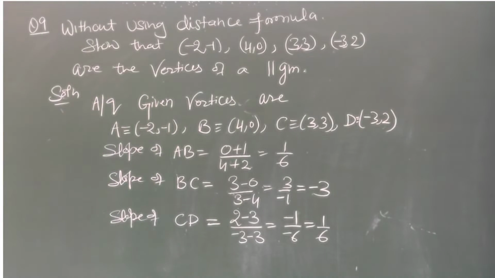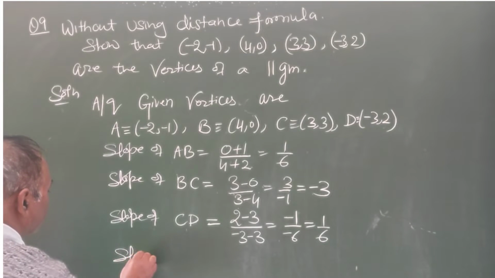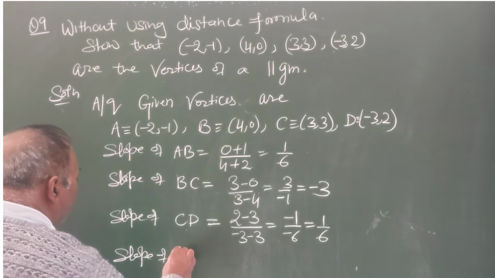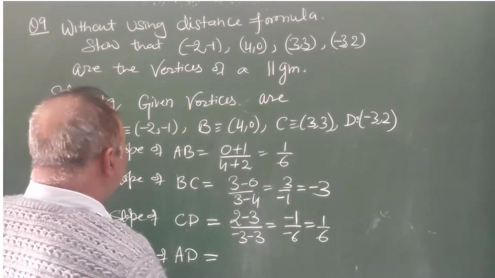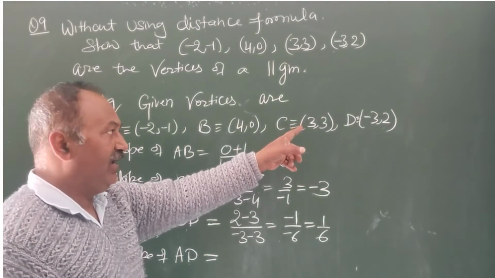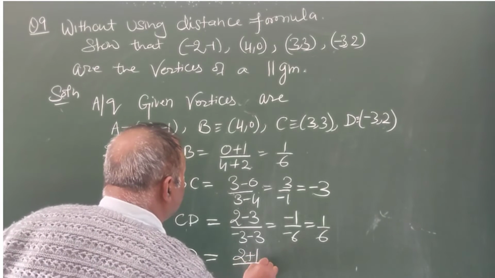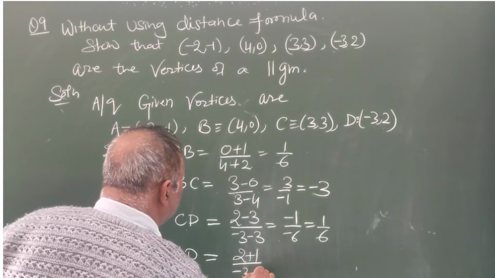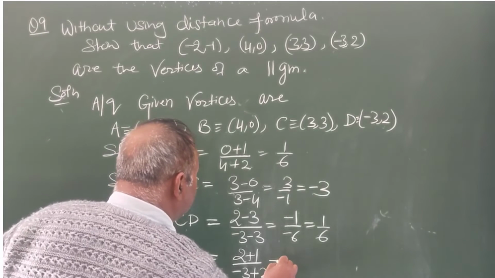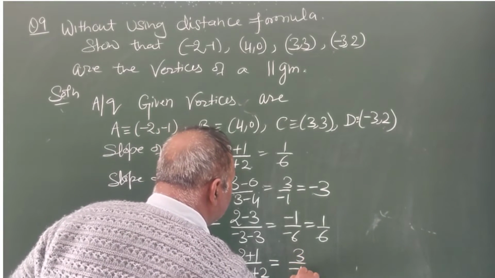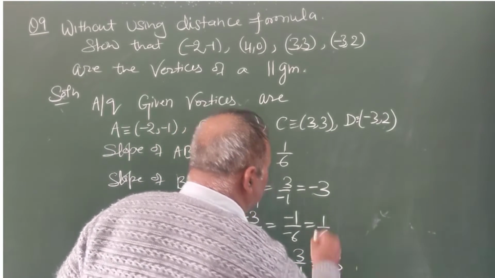Now slope of AD will be given by slope of AD is equal to (2 plus 1) upon (minus 3 plus 2), that is equal to 3 upon minus 1, that is again minus 3.